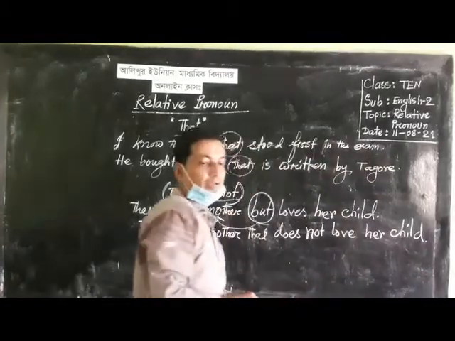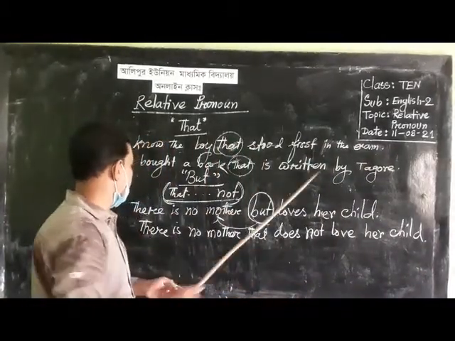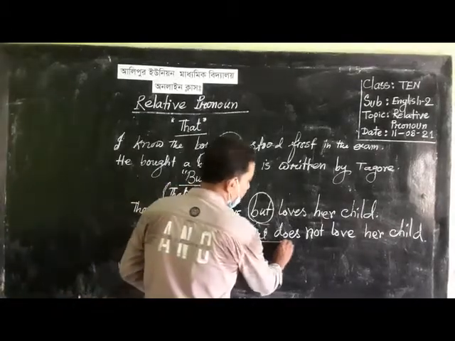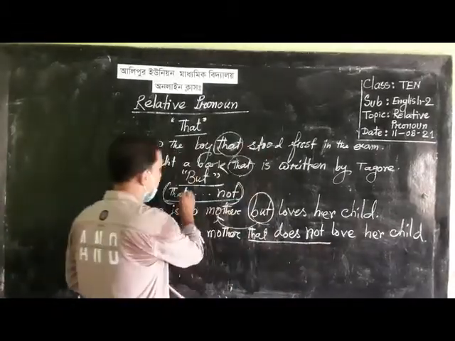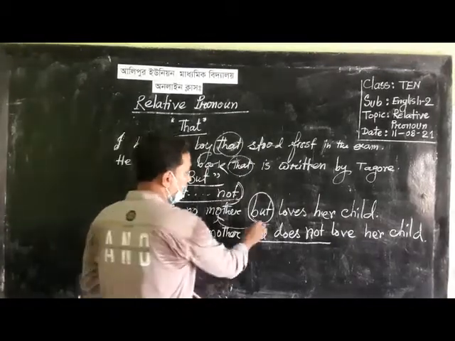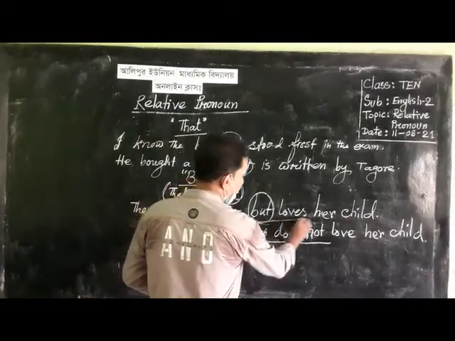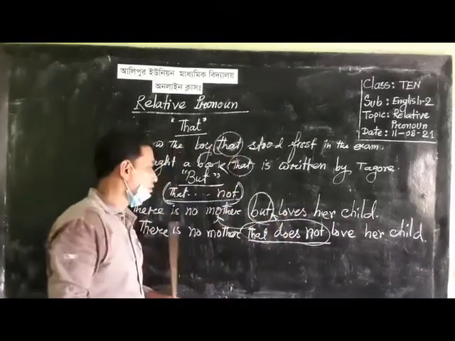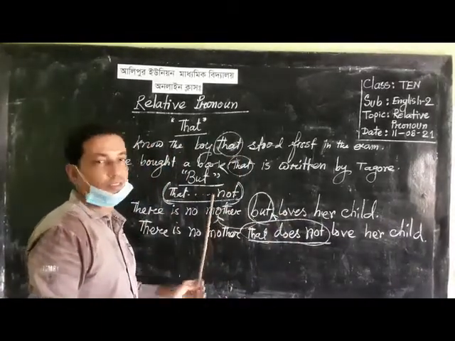I have written the sentence in another way: there is no mother that does not love. So that does not is indicated through but. So but is a relative pronoun because it indicates mother.